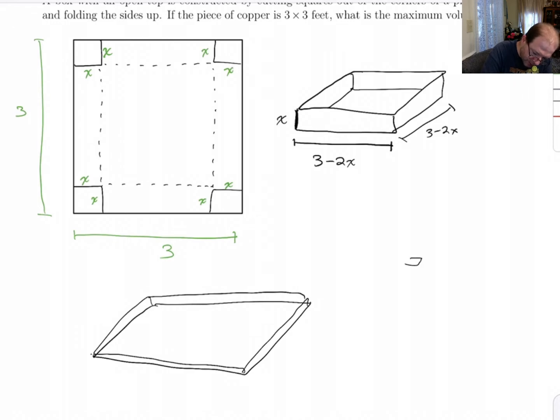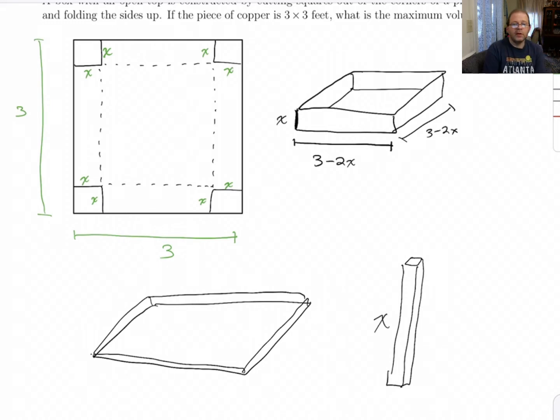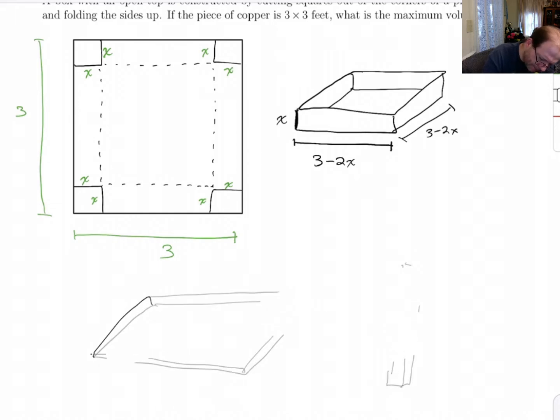The other extreme is if we make x really big, then we're going to have a really tall, basically a square drinking straw or something. And that's not going to have much volume in it either. So somewhere in the middle is going to be a good value to use for x.